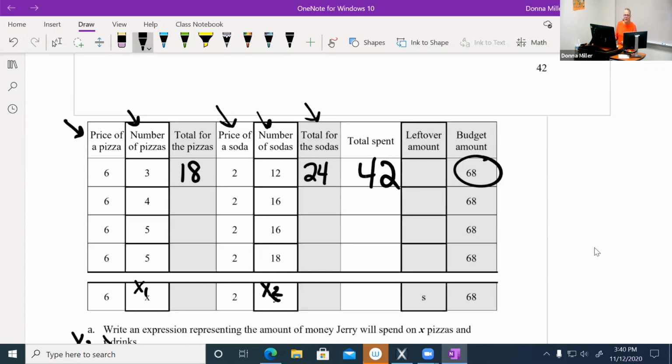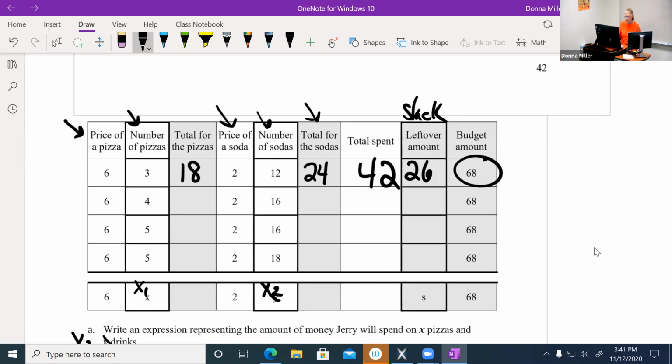But I had 68 available. So if I take 68 minus 42, the leftover amount would be $26. That's my slack variable. In this case, money is my resource. I have $26 left over. So the slack variable is the leftover. And this is what they call the slack.